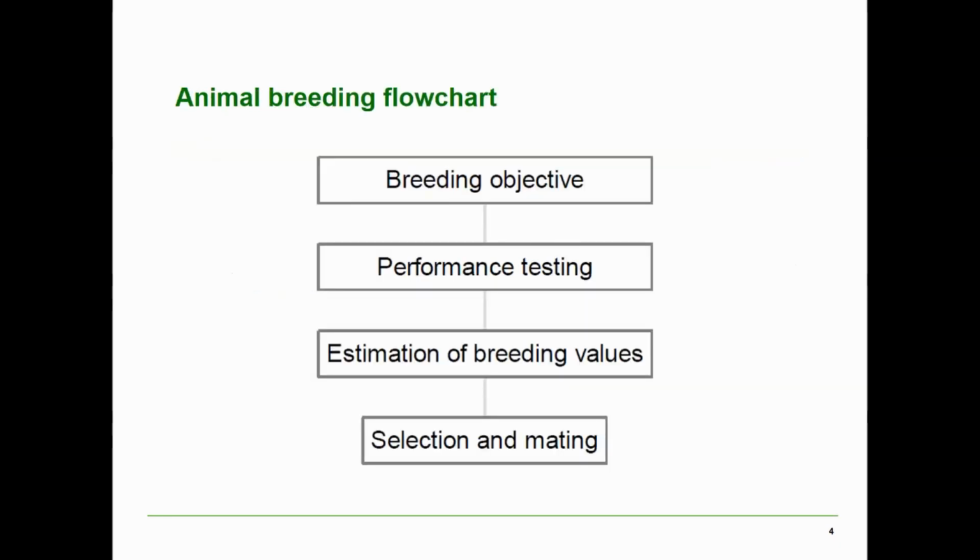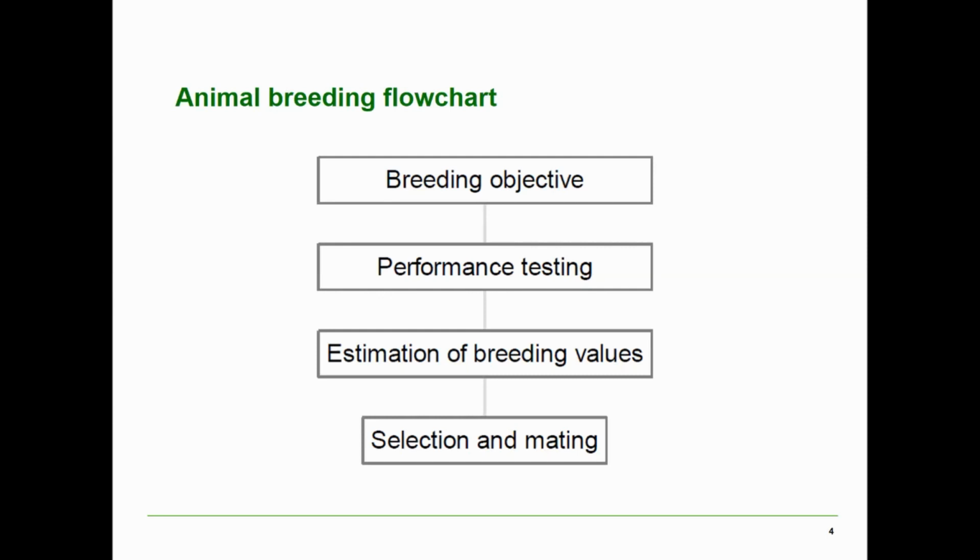A simplistic breeding program can be summarized as follows. So if there is the breeding objective that we talked about, then there is performance testing. This is to get the records, because the records and phenotype testing are extremely important for any kind of breeding program, because it is how we distinguish the good animals from the bad ones. When we have this performance testing, then we put everything into a computer, or in some other way, and we estimate the breeding values.